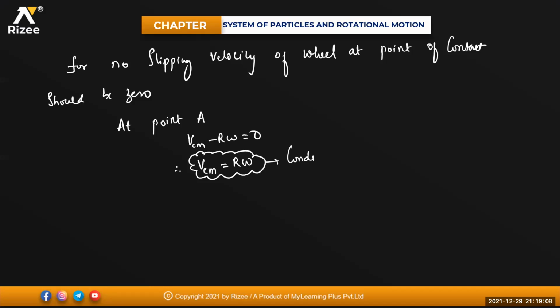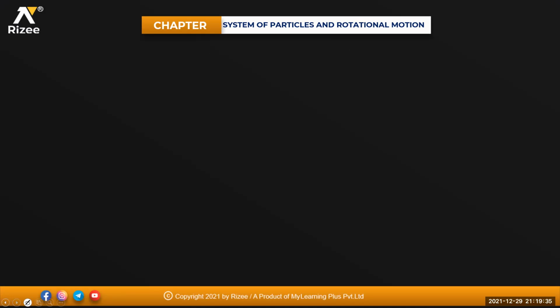So what is the condition for pure rolling, beta? VCM must be equal to R omega. So therefore I can write the velocity at point B, that means at the highest position. At the highest position, what will be the velocity, beta?